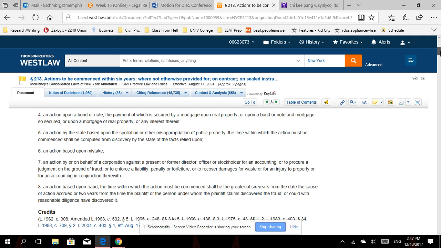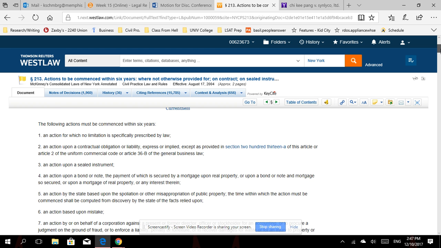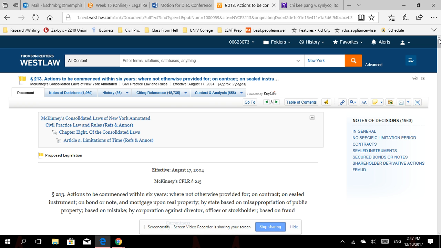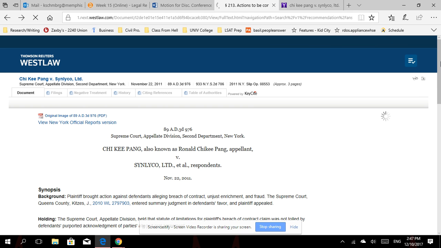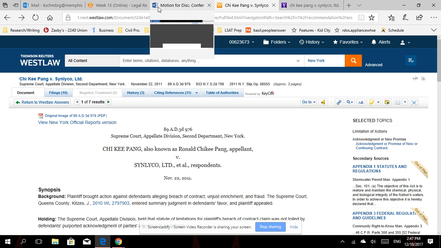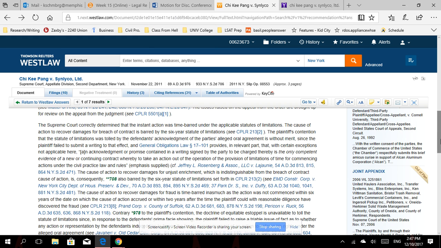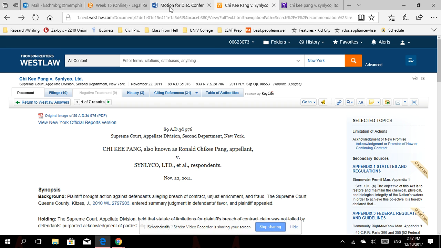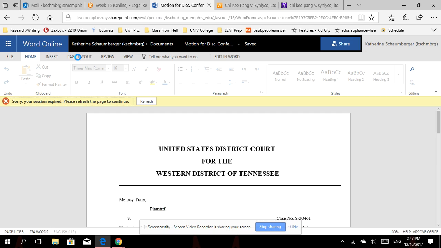And it has 8 sections: action based upon mistake, action based upon fraud. That's basically why I chose to stick with that case, even though the state case would not give me any real straightforward answer. Now I'm going to go ahead and write the citation for this case.